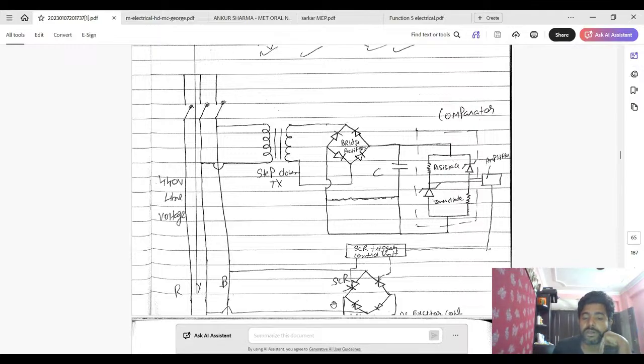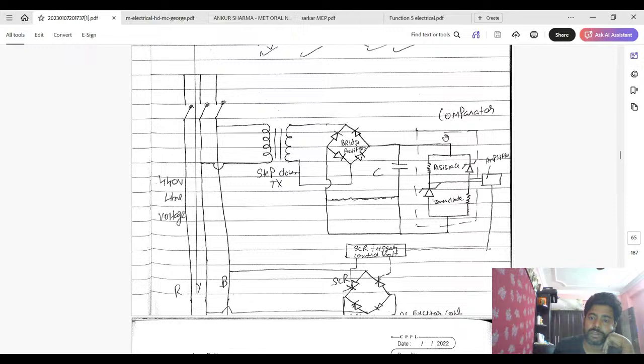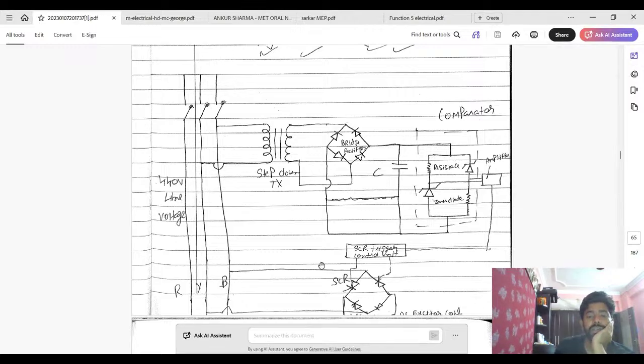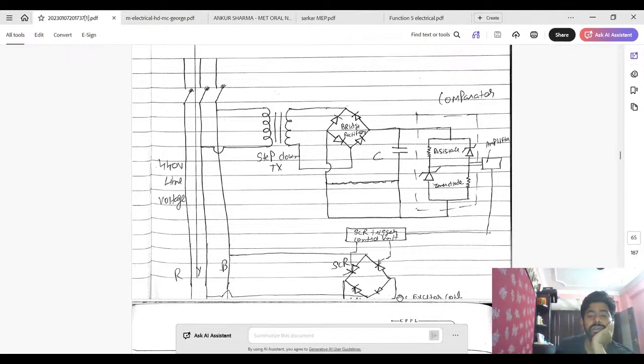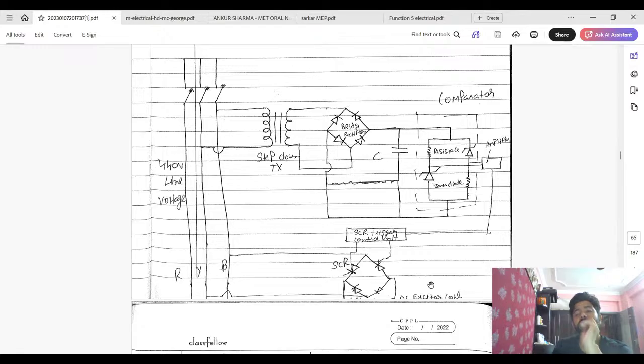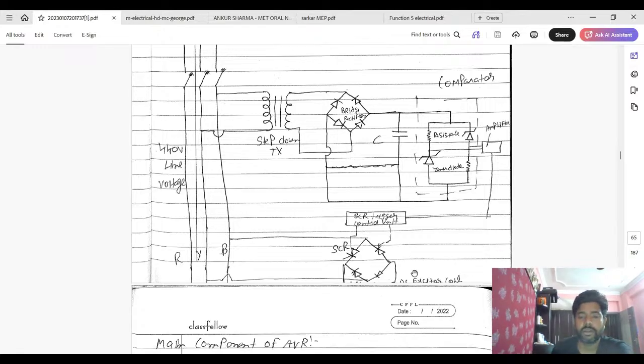Once the rated voltage is achieved, there is no disturbance, which means the rectifier is stable, so nothing is passing to the amplifier and nothing is there to trigger the circuit. So this will only give signal for the excitation to maintain that voltage.